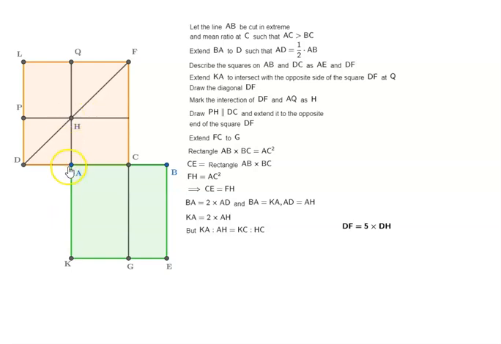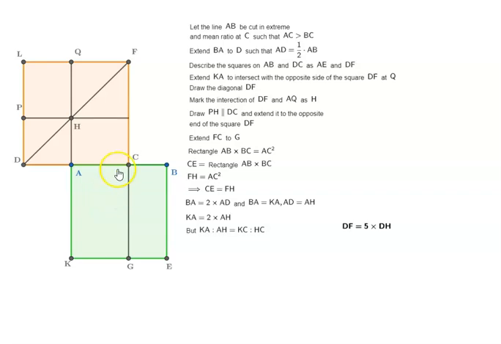KA is to AH as KC is to HC. How? Remember, parallelograms are proportional to their bases if they are of the same height.